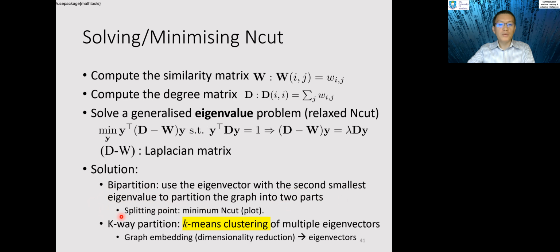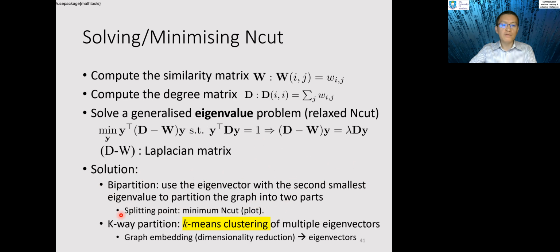We just need to determine the split point. Typically, we can do this by plotting the normalized cut, as defined previously, for each of the candidate cuts on a graph and determine which cut gives us the minimum normalized cut. But this will only give us a bipartition, that is, separating one graph into two.